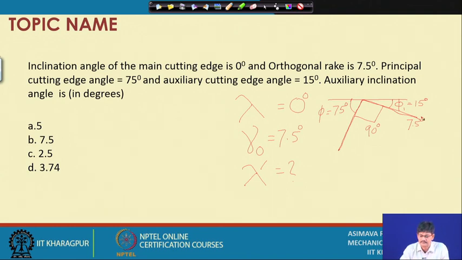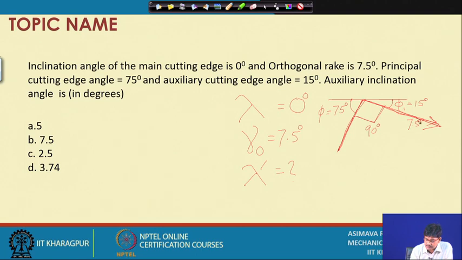How did I find out 7.5? Because since this is the cutting edge, the orthogonal plane must be at right angles to it. So, we find that the orthogonal plane and the auxiliary cutting plane, they are becoming coincident.